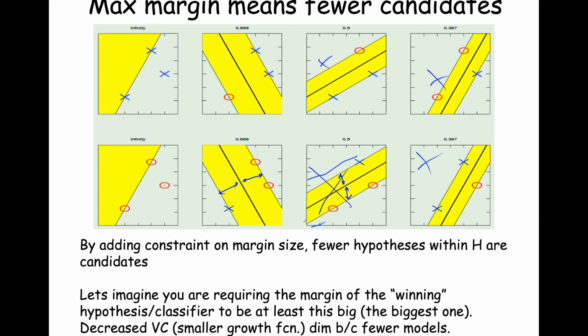Now, of course, what that strives to do is decrease the number of candidate hypotheses for this particular learning algorithm. And as such, we're essentially decreasing the complexity of the hypothesis set, which is beneficial for a decreased VC dimension because you have fewer models.